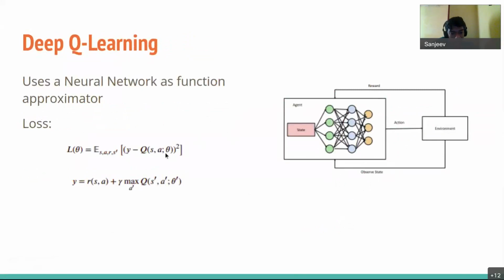In DDPG the critic takes state and action as input and gives the Q value as output, so its loss is the temporal difference loss, like we see here. The actor network just takes the state as input and provides an action as output.